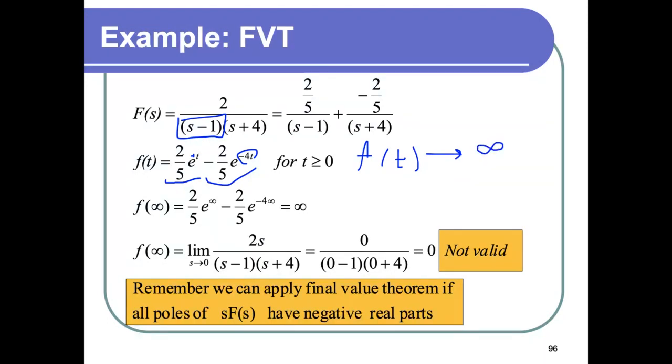But if I apply the final value theorem, which is a wrong application, I multiply F by s and evaluate it as s goes to 0, you get 0, which is not realistic. You see, here we have infinity, and here we have 0. So this is not an accurate result. Why? Because I violated the condition for the theorem to hold. So remember that we can only apply the final value theorem if all the poles of F of s have negative real parts, with the exception of one pole at 0.